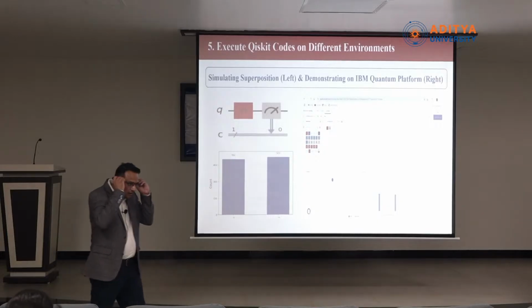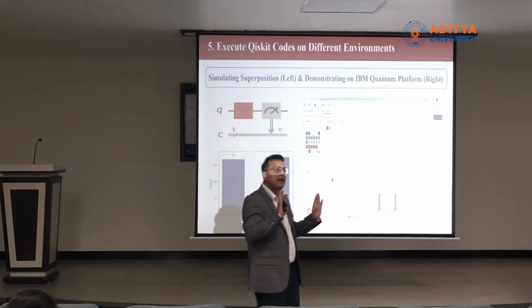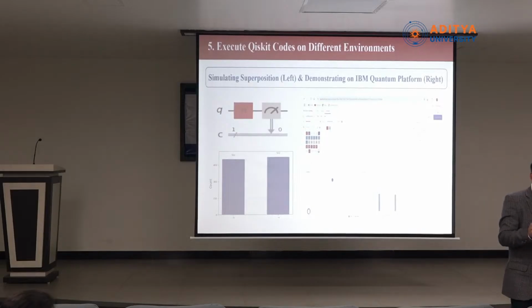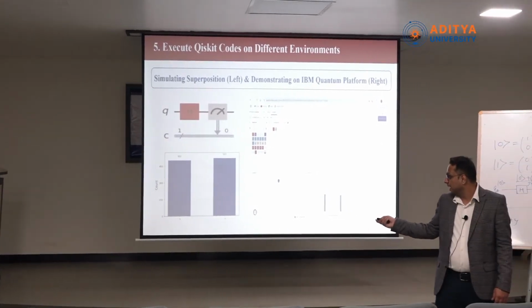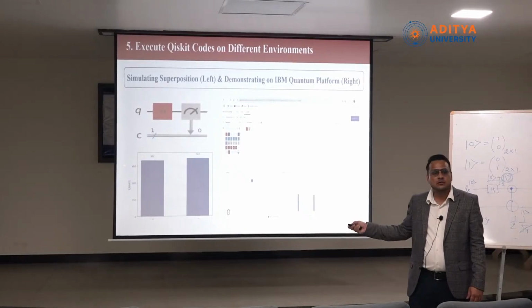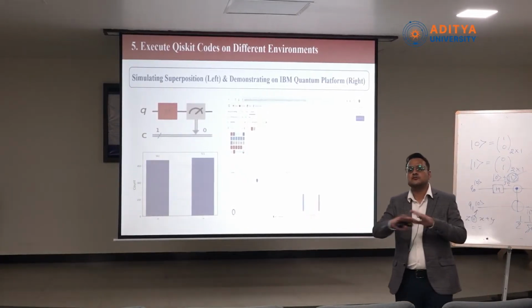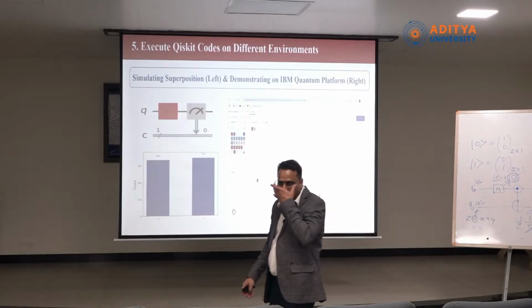But it does not remain the same for every execution. I think you must have observed this. Yes or no? At each execution, the values of obtaining a quantum state as 0 or 1 keep changing.